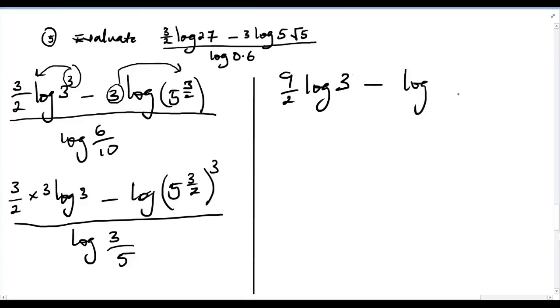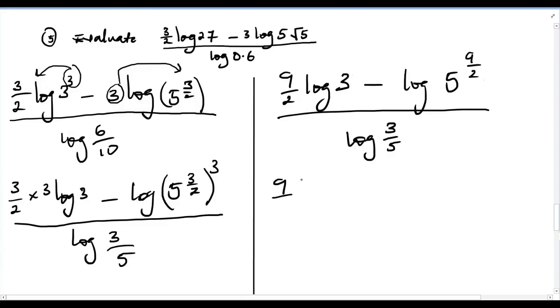So this is the same thing as saying we have 5, and if you multiply this, just like the power law of indices states, 3 multiply 3, there we have 9 over what? 2 also. All divided by what? The log of 3 all over 5. Great.